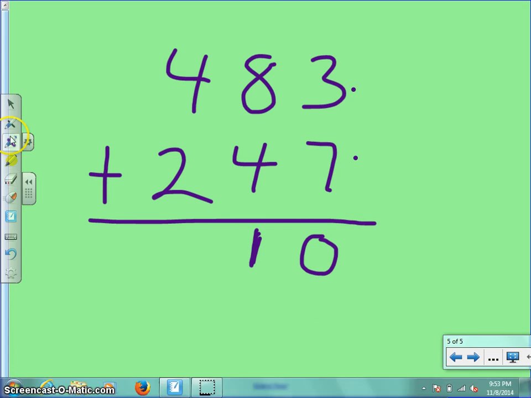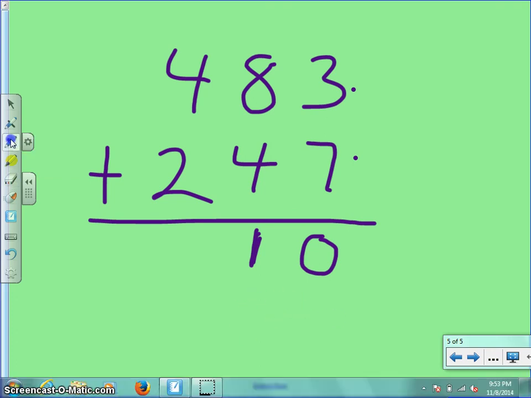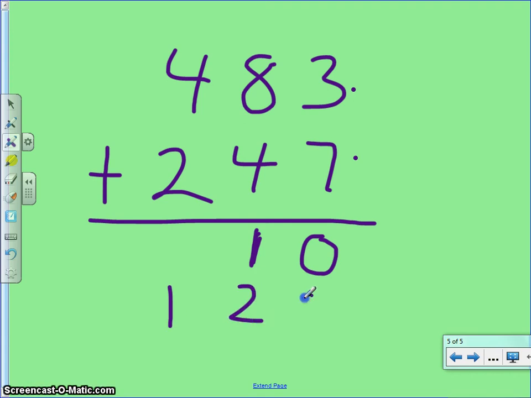You don't want to make this mistake and say 8 plus 4 is 12, because then when you add it, you're going to have the wrong answer. You want to make sure that you're saying 80 plus 40 is 120. Okay? And then you go to your hundreds. 400 and 200 is going to give me 600.